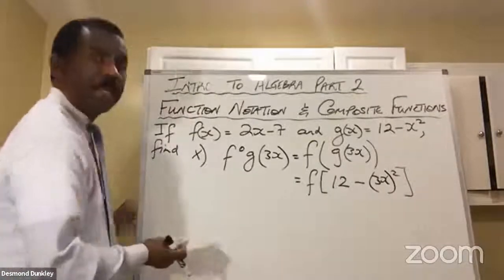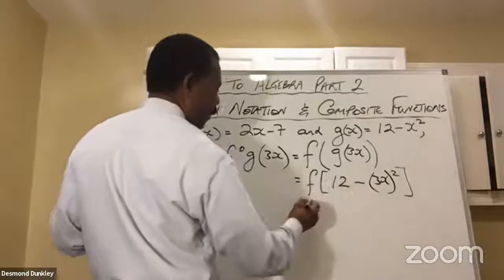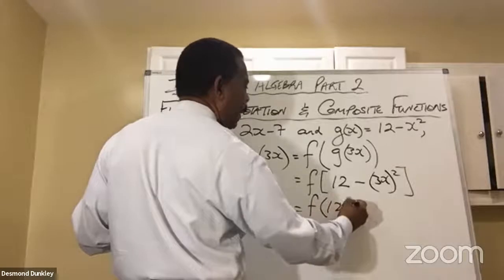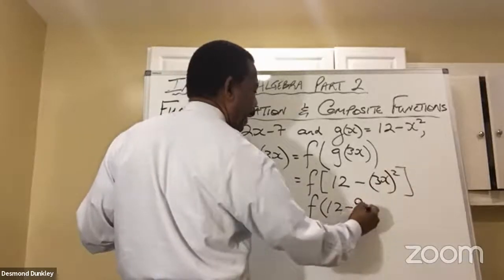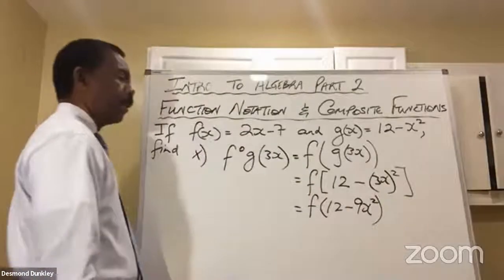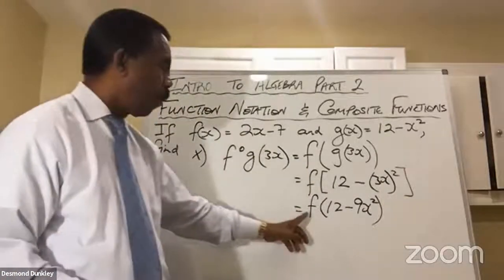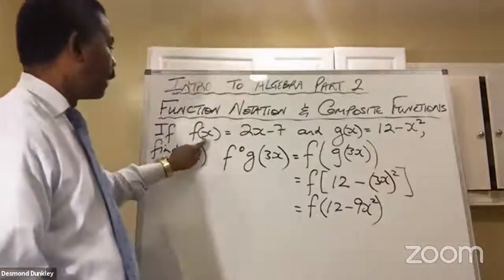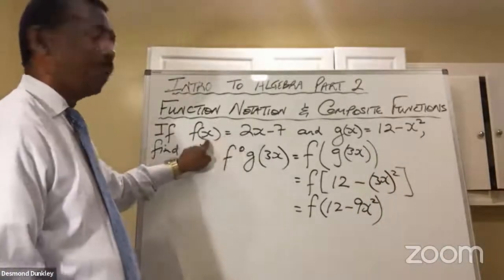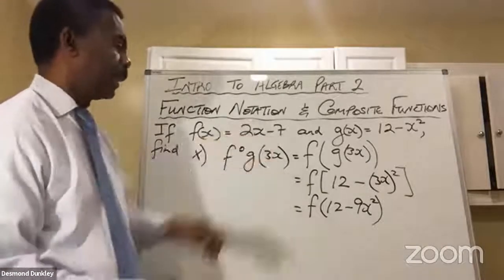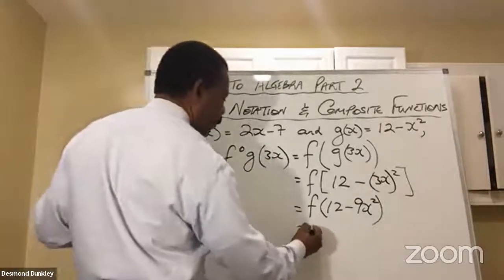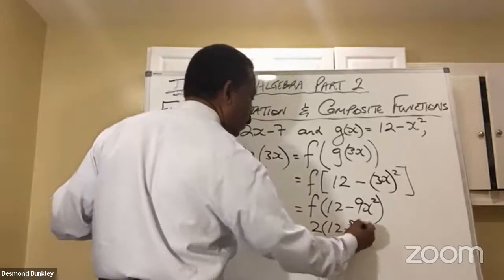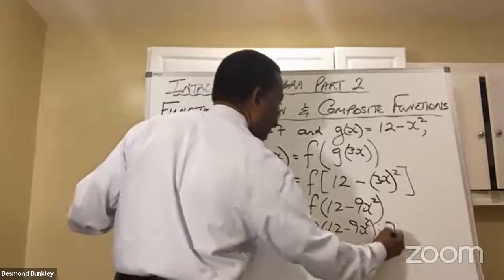Okay? And then we come here. What do we end up with? It's f of 12 minus, when we square this, we get 9x squared. And then we ask ourselves the question, what is f of anything? Well, f of anything is obtained by doubling what's in the parentheses, and subtracting 7. So this is going to be equal to 2 times what is in the parentheses minus 7.